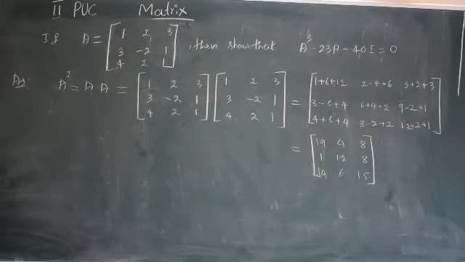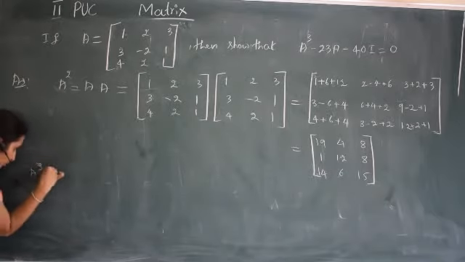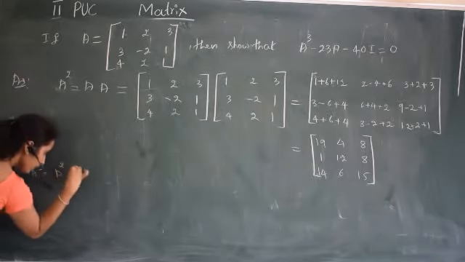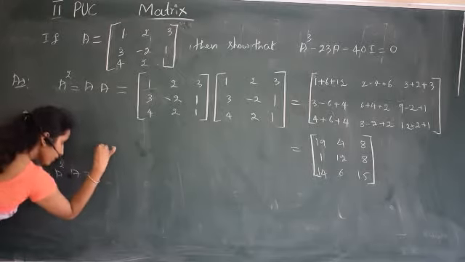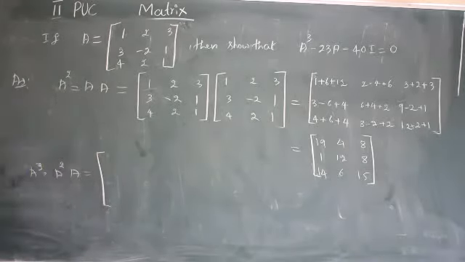So this we have calculated A square. Next is A cube, which is equal to A square into A. So A square into A means first we have to write A square. So what is A square?